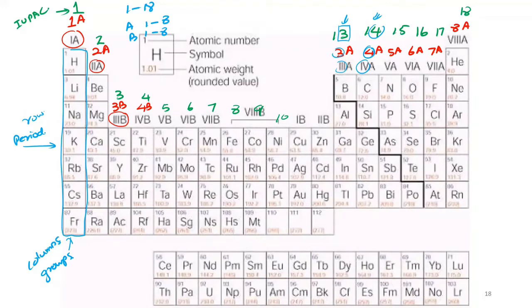The columns are what we call groups, and the rows are what we call periods. So that is some vocabulary associated with the periodic table. Now, let's see this periodic table in a little bit more detail. The elements in the same group are going to have the same number of outer shell electrons.